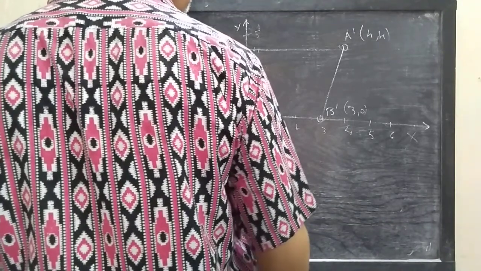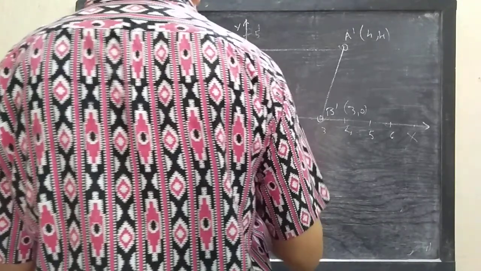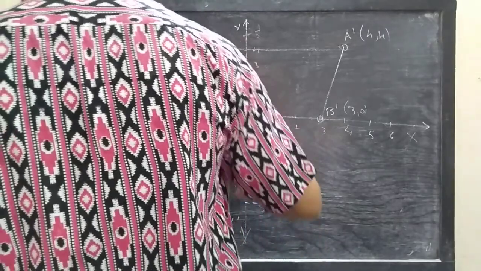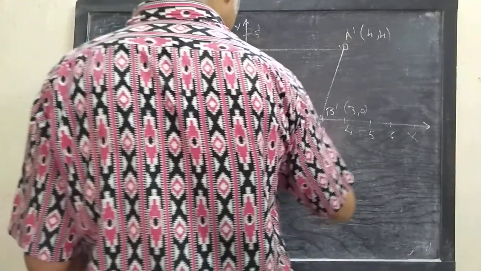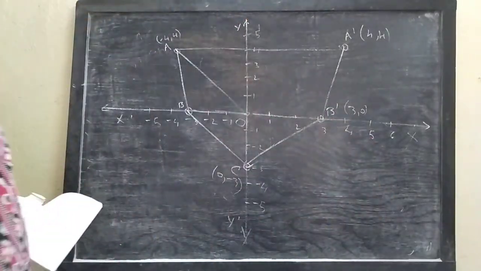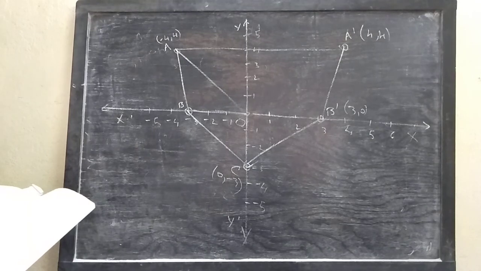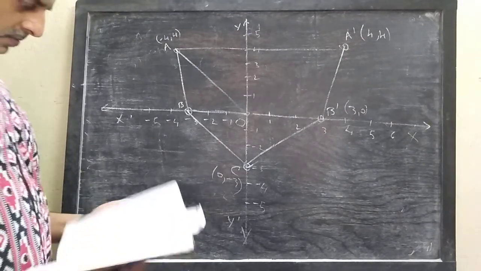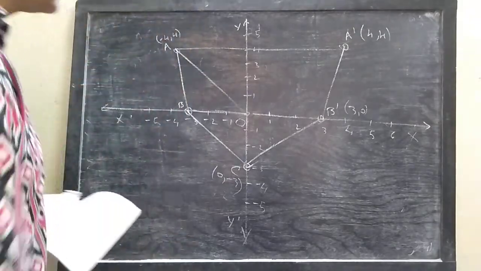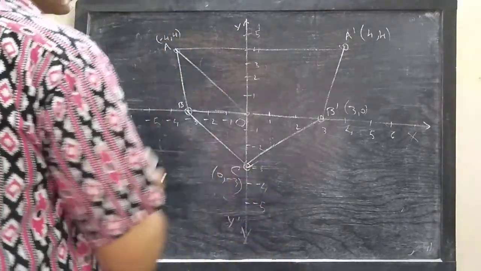A dash. O A B C, B dash A dash. There will be some mistake in the data. You have to confirm it from the textbook.